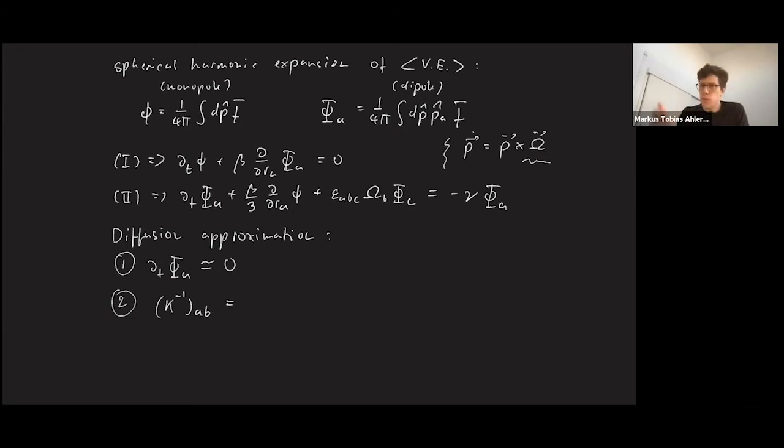And for reasons that will become apparent in a second, I will define this with this prefactor 3 over beta squared. And then I have here the collision term, nu delta AB, minus epsilon ABC omega C. So this term here is basically coming from this expression. This term here is coming from this expression.